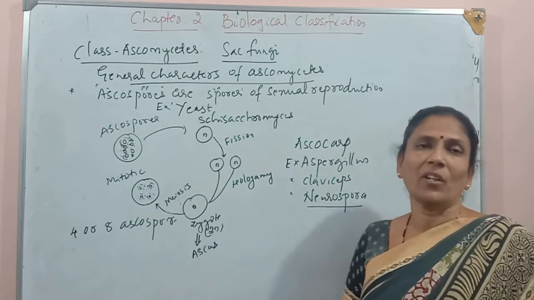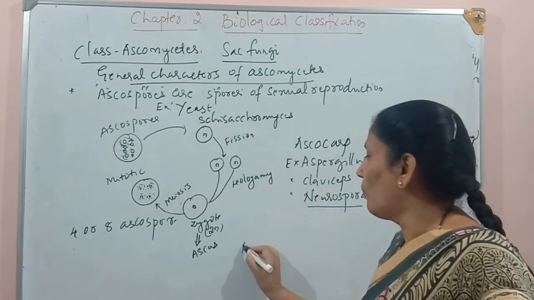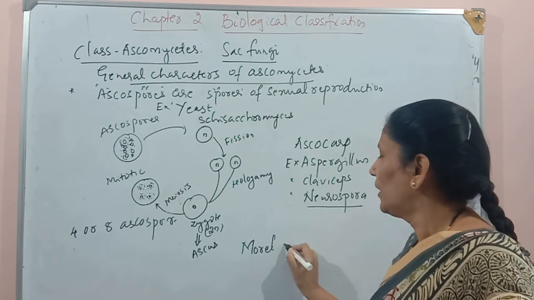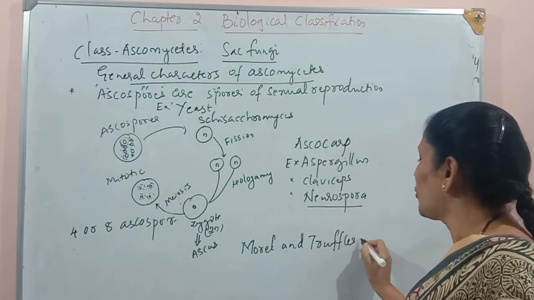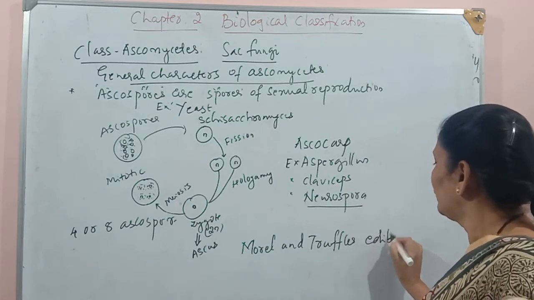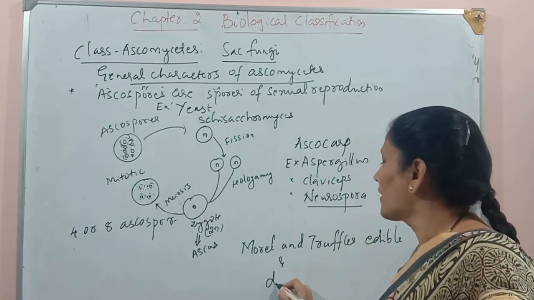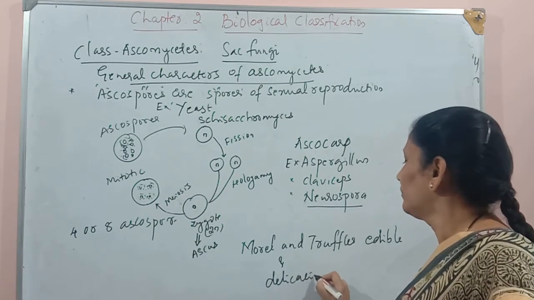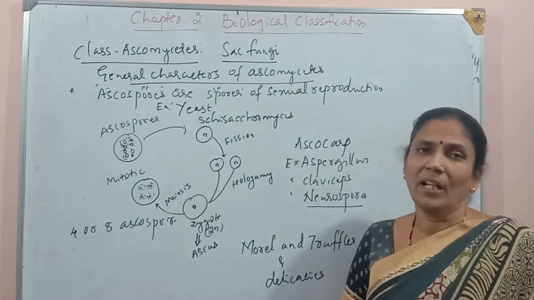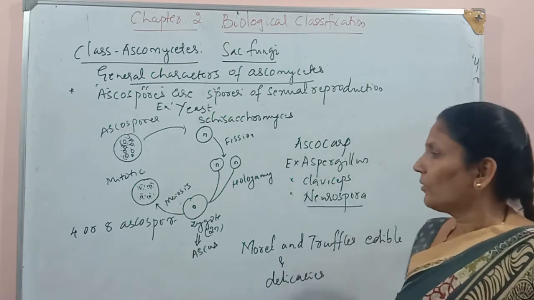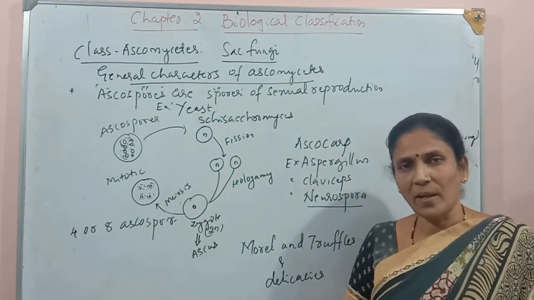And the last character of this group is that some members like morels and truffles are edible and are considered delicacies, meaning they are very costly edible food. So these are the characters of the class Ascomycetes.